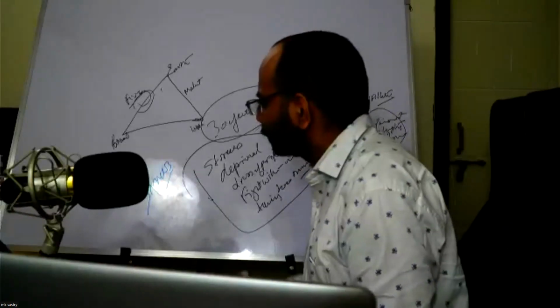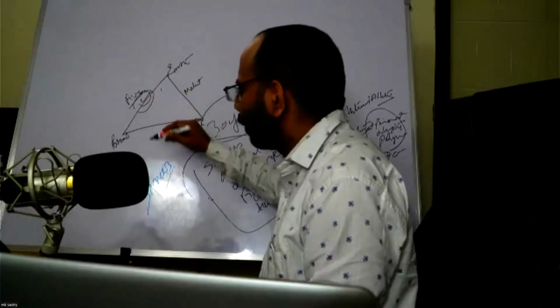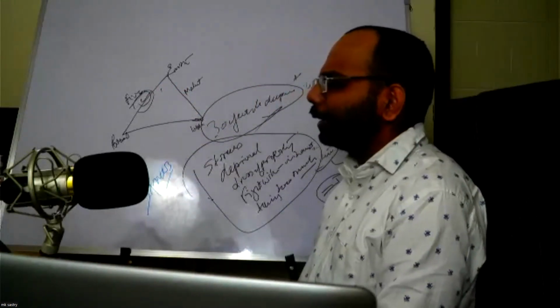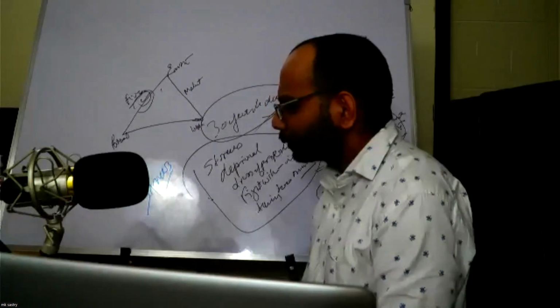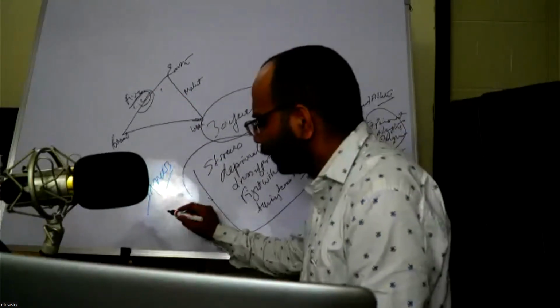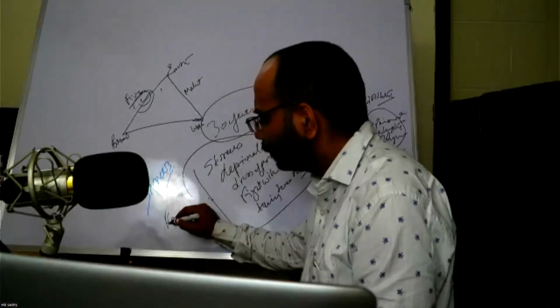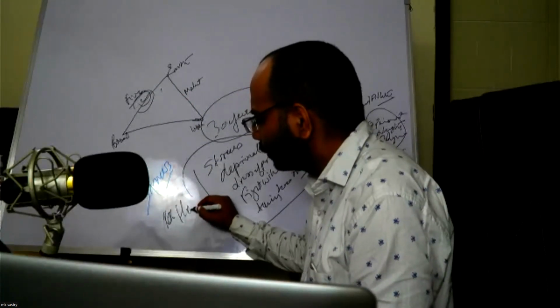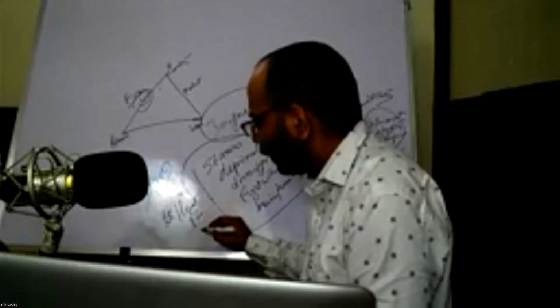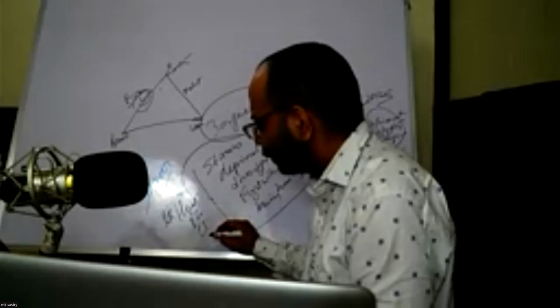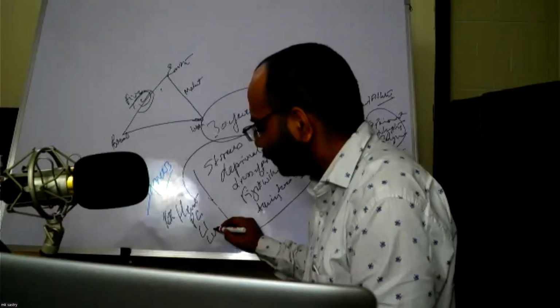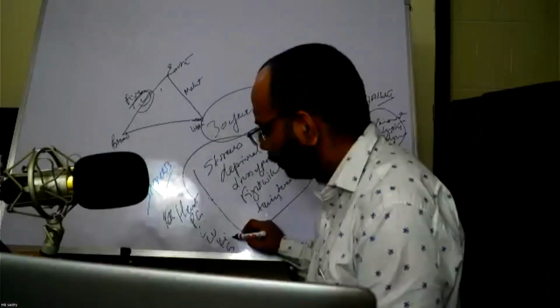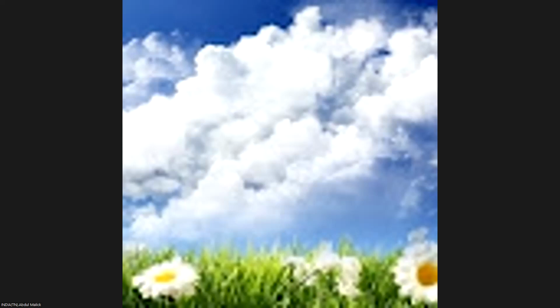Because of continuous stress, there was fire in the heart. What happened? Because of that, he became hostile to everyone. What are the yin organs we have? Heart, pericardium, kidney, lungs, liver, spleen.